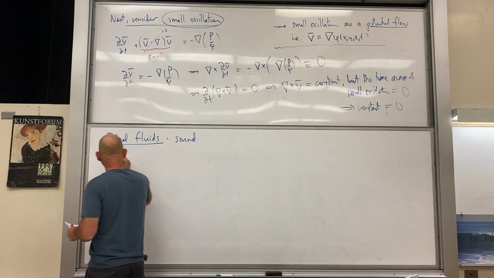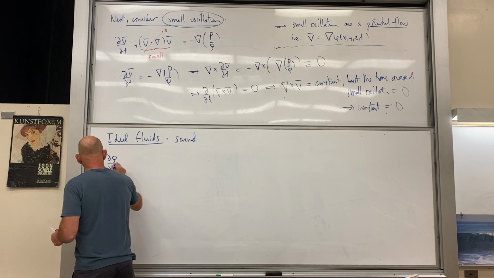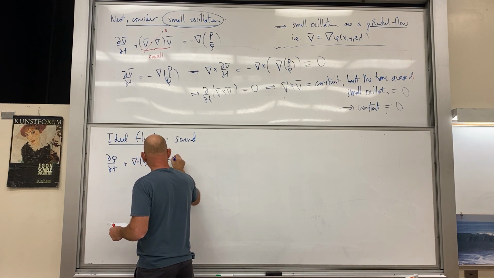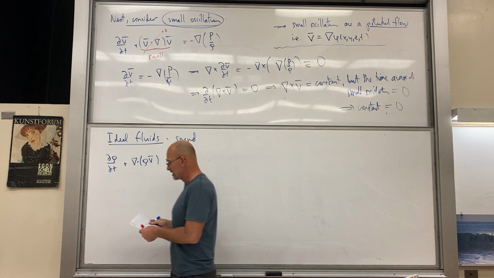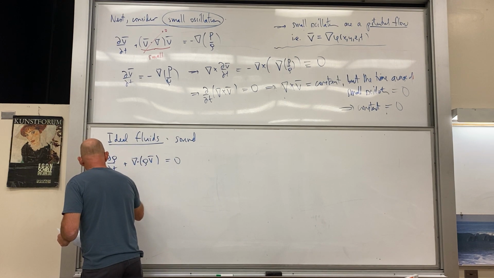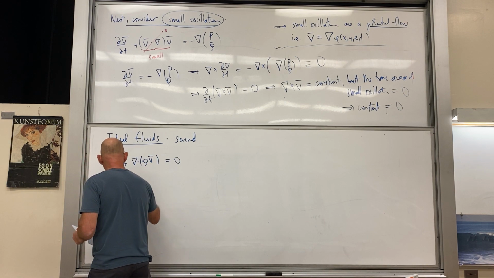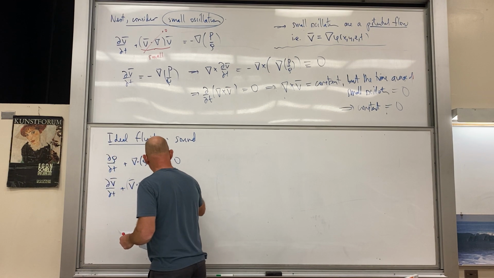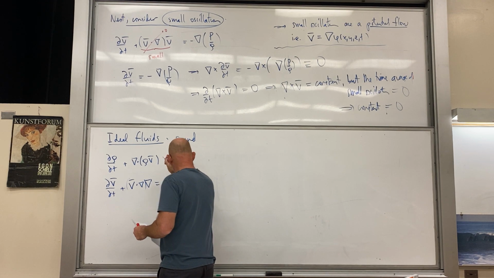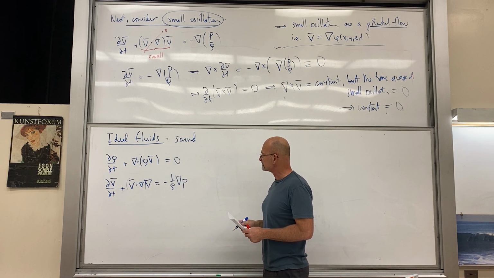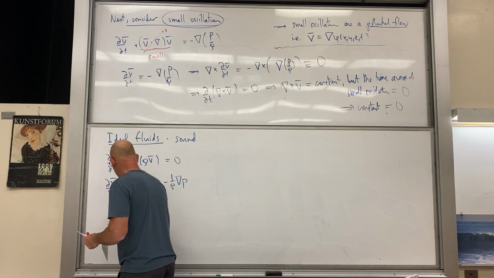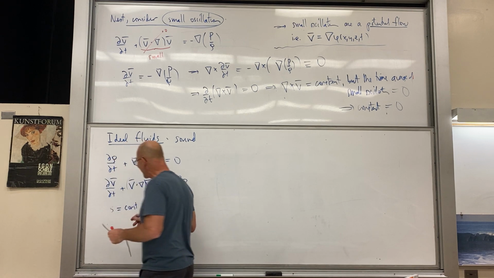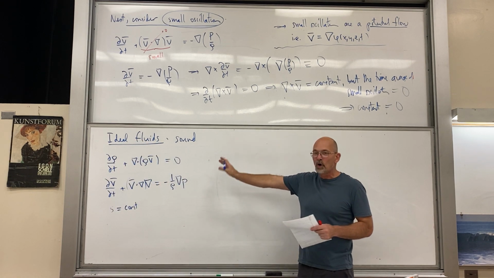So we have d rho/dt plus divergence of rho v equals 0, our continuity equation. We have Euler's equation with the gradient of pressure. And we had S equals constant, so the entropy is constant. This is a system with no dissipation.